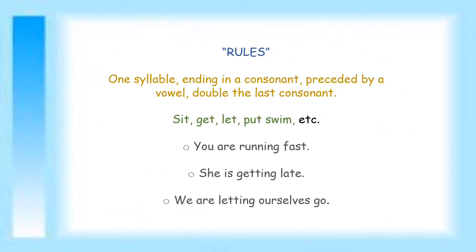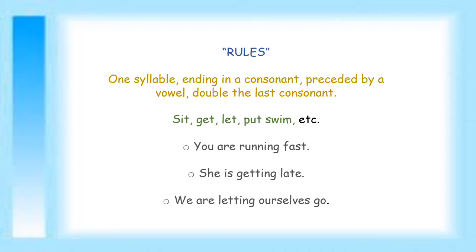Another rule is that with one-syllable verbs ending in a consonant preceded by a vowel, you have to double the last consonant. For example, the verbs sit, get, let, put, swim, etc. These verbs end in a consonant preceded by a vowel, and in this case we have to double the last consonant.